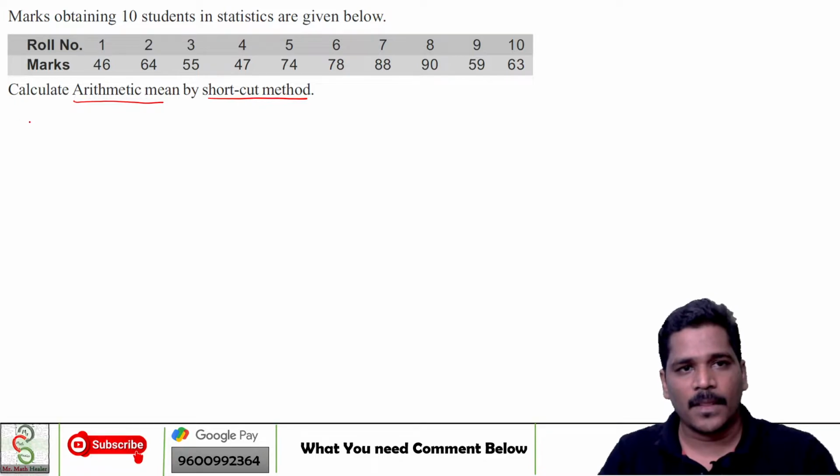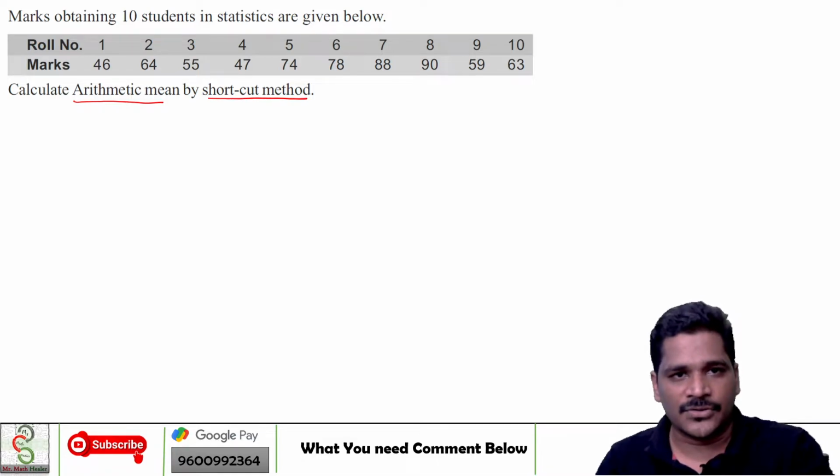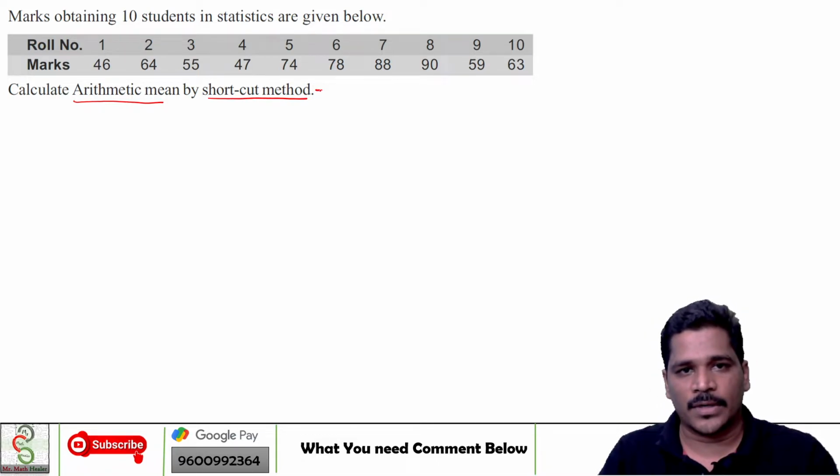Now I'm going to write the formula for the shortcut method. What is the difference between the direct and the shortcut method, or step deviation method? The shortcut method is equal to the step deviation method.